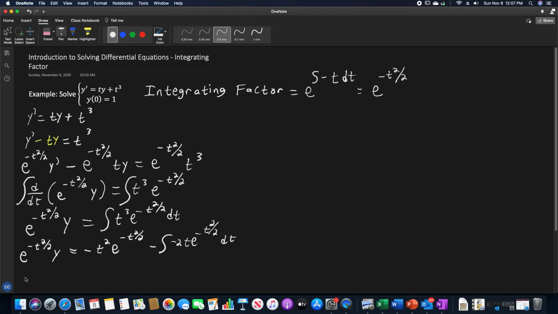Completing this now, we're going to get e to the negative t squared over 2 times y is going to be equal to negative t squared e to the negative t squared over 2 minus 2e to the negative t squared over 2, and we are going to have a plus c here at the end.